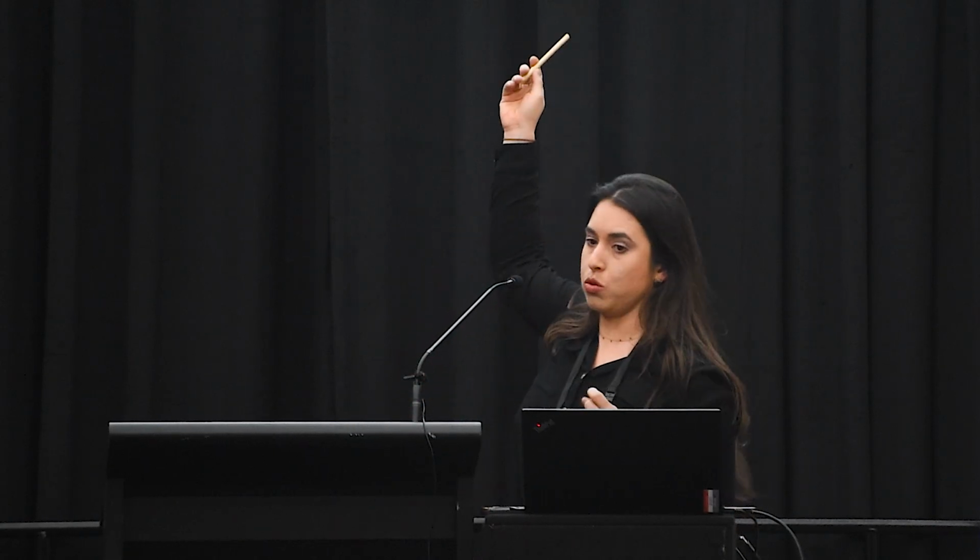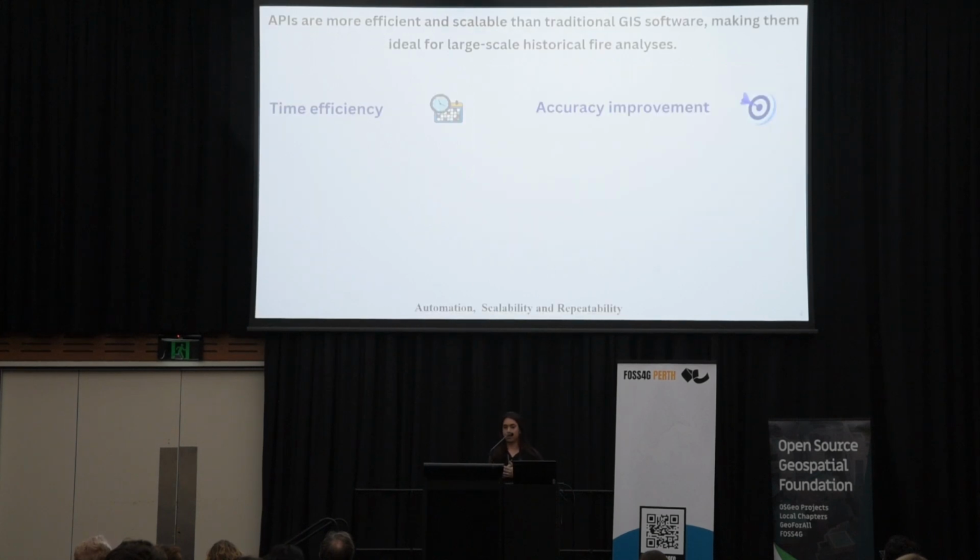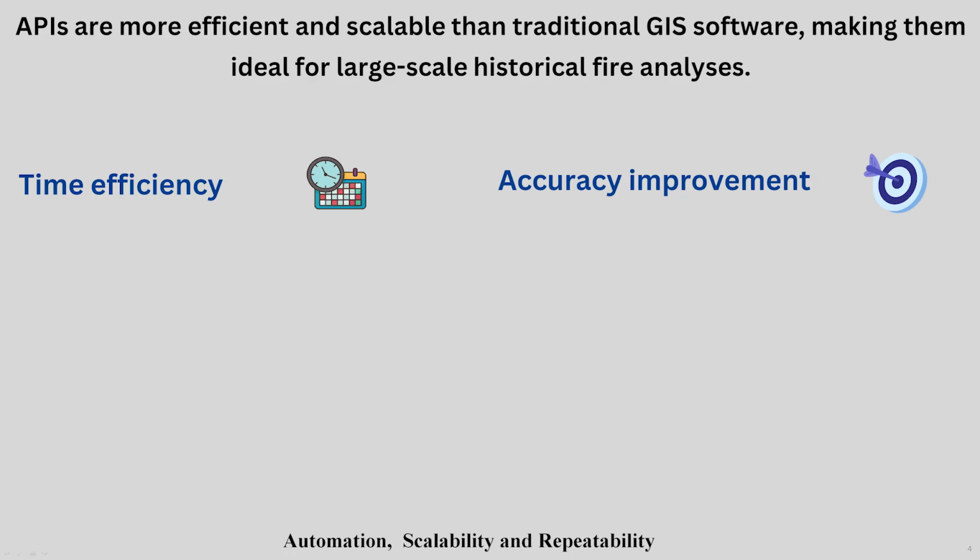So the problem is that the majority of the records in the fire history database, particularly records prior to 2000, are mostly in this situation. So what I did was find an appropriate method to fix this data set.